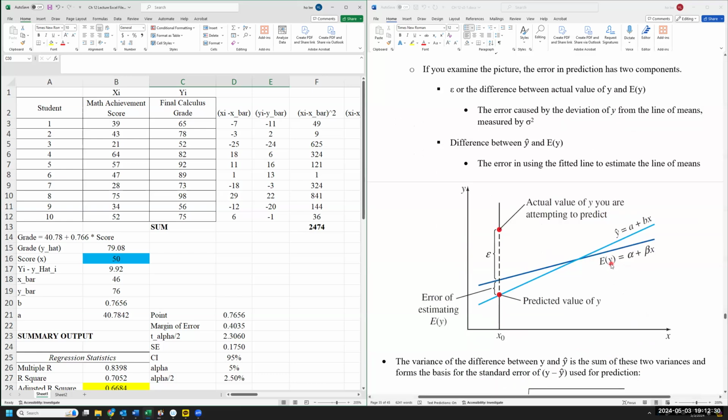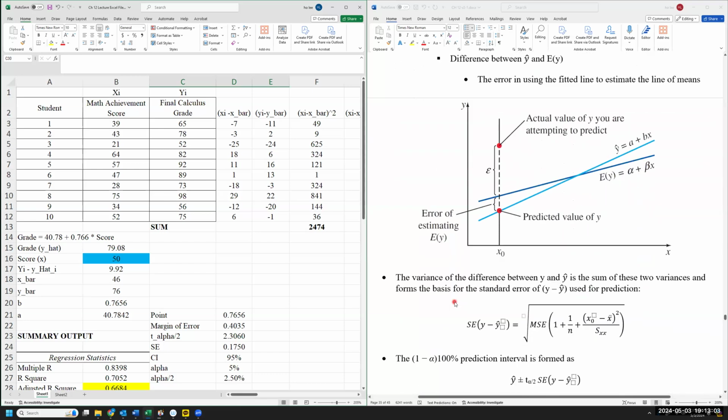Basically, that's a fancy way of saying our model is not likely to be the true model relationship. A is not alpha, B is not beta. A and B are estimates of alpha and beta, and we need to account for the errors associated with that.